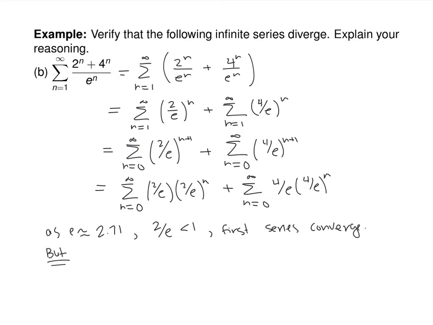But 4 over e is going to be bigger than 1, so the second series diverges, and so the whole series diverges.